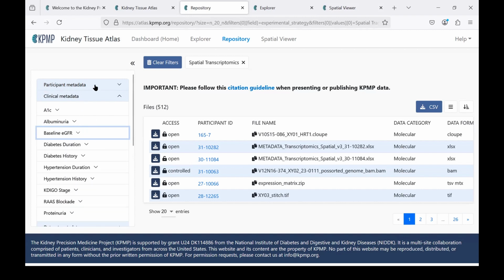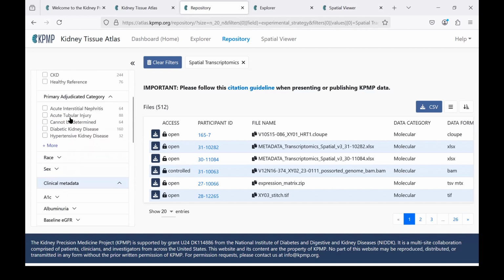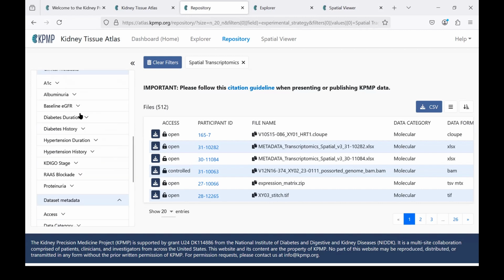So there's participant metadata that you can search, and there's clinical metadata that you can also use to subset a particular portion of the data set. And you can combine them, right? You can look for spatial transcriptomics of patients with a particular level of EGFR and so on.